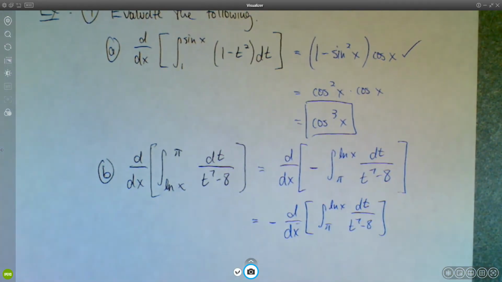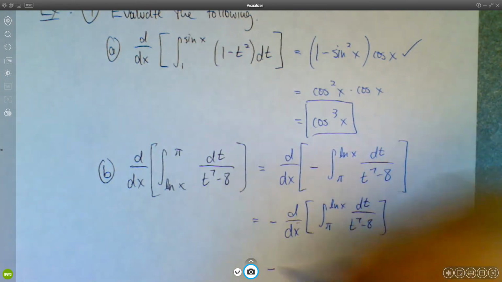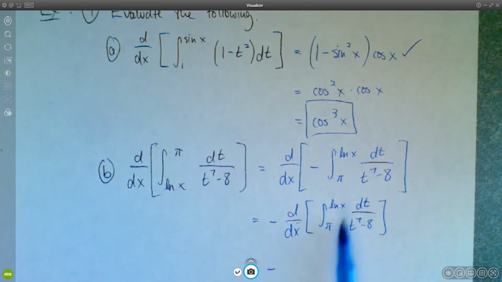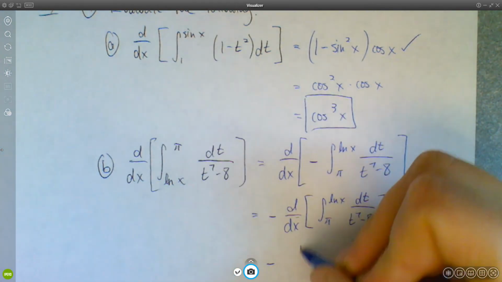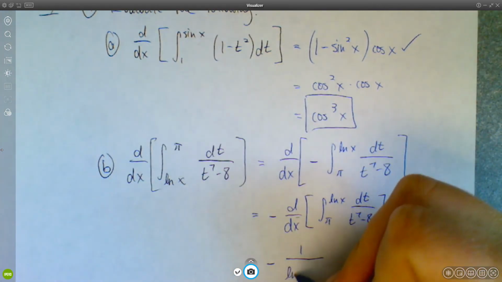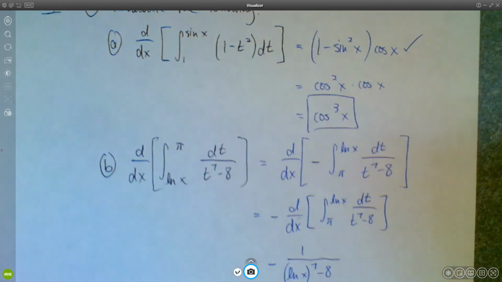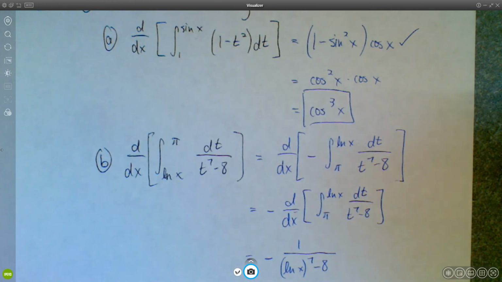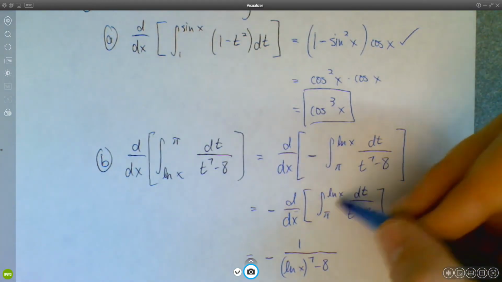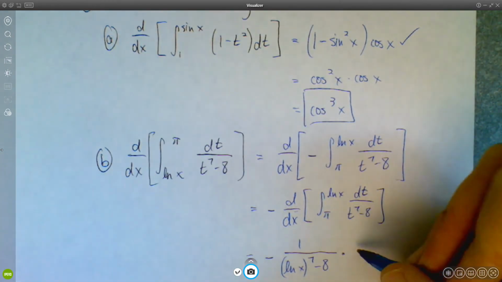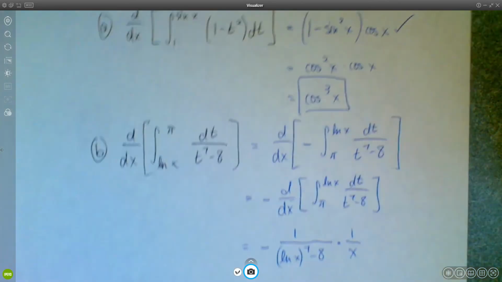So now, the derivative of this integral, we can just plug in ln of x for t. So this is going to be 1 over ln of x to the 7th minus 8. And then we have to use chain rule, right? So we have to multiply by the derivative of ln of x, which is 1 over x.